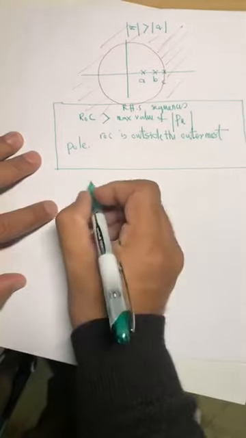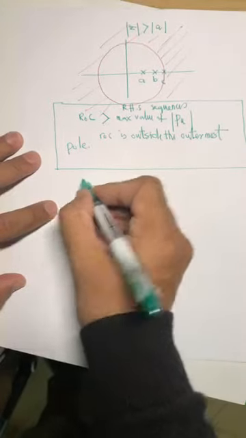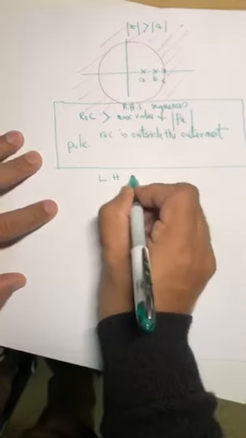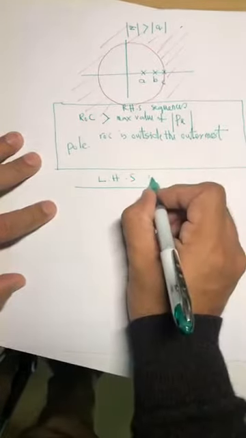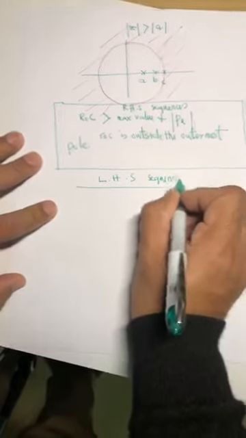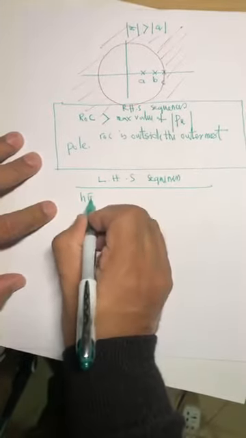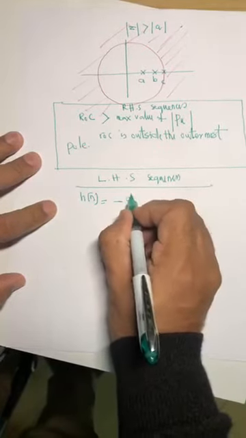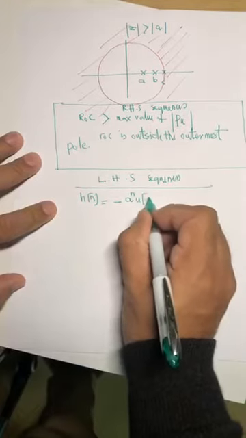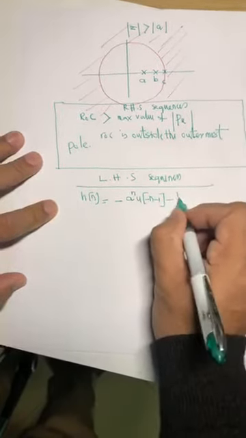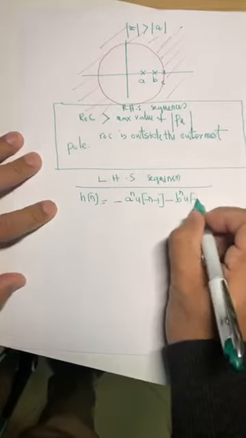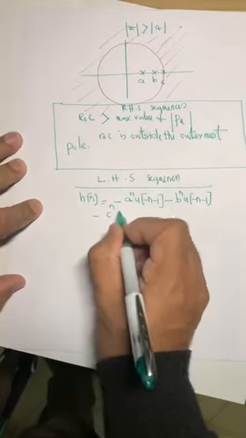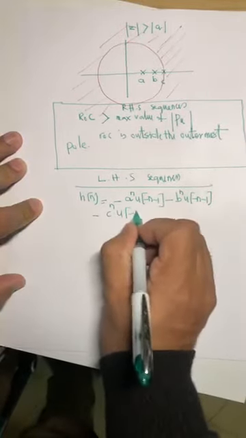What if you have left hand side sequences? So now another scenario is, what if we have left hand side sequences? Example is, if you have h of n which is minus a to the n u of minus n minus 1, minus b to the n u of minus n minus 1, minus c to the n u of minus n minus 1.